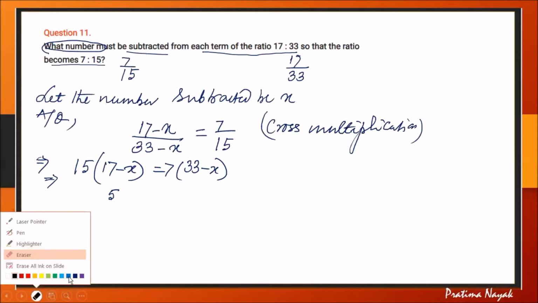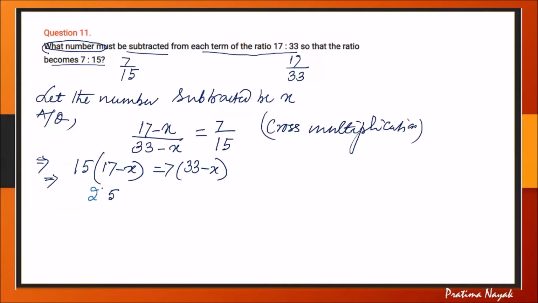So 255 minus 15x is equal to, now 7 into 33: 7 times 3 is 21, carry 2, this will be 231. Minus 7 into x, this will be 7x. So again I repeat, 15 into 17 is 255, and 15 into x is minus 15x.